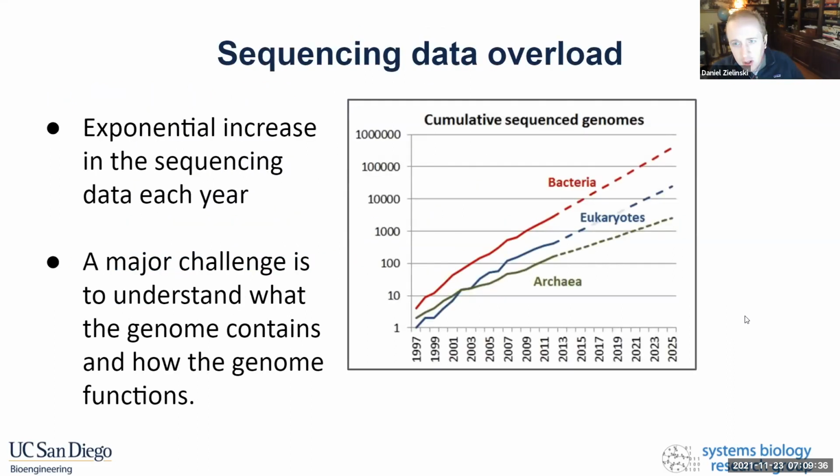So as I'm sure we're all aware now, sequencing data is the most rapidly growing data type in biology because it's so cheap and reliable compared to other large-scale omics data types. And so the number of new genomes keeps increasing. We keep sequencing different strains of E. coli.